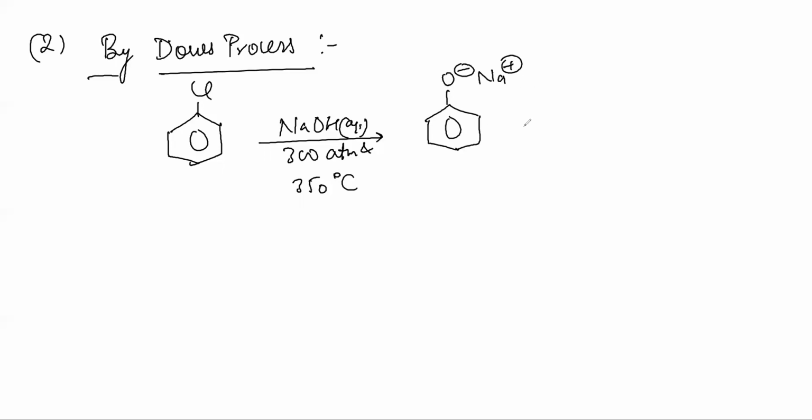Can you tell me the mechanism involved in this process? Which mechanism will convert chlorobenzene to this phenoxide ion, conversion of Cl into ONa? This is called sodium phenoxide.